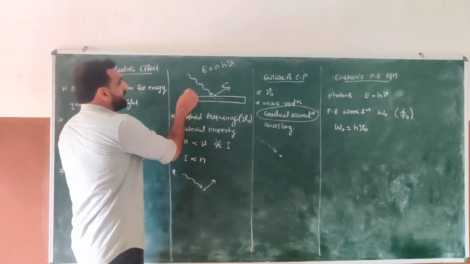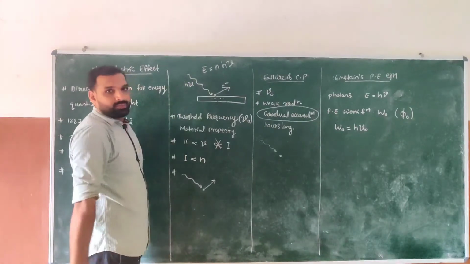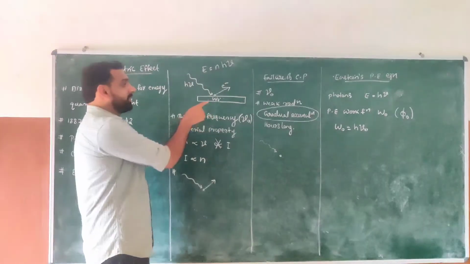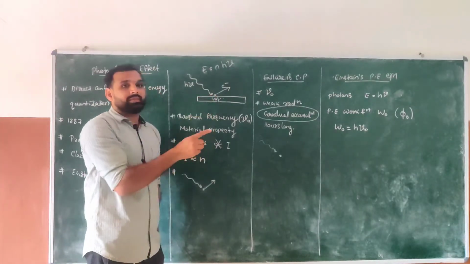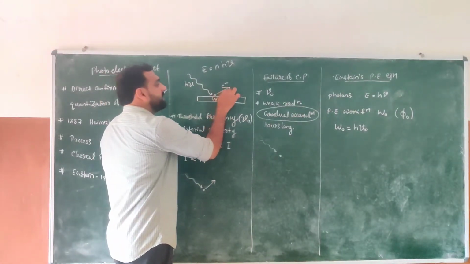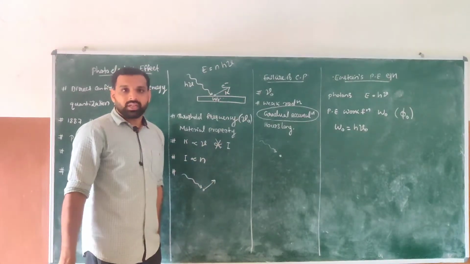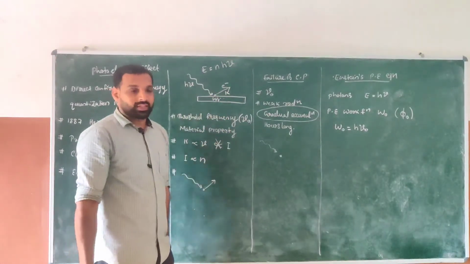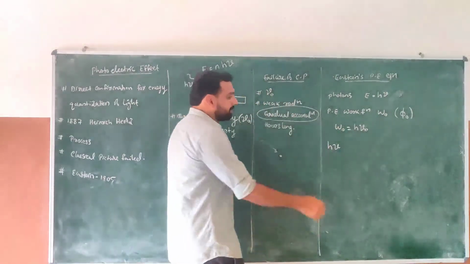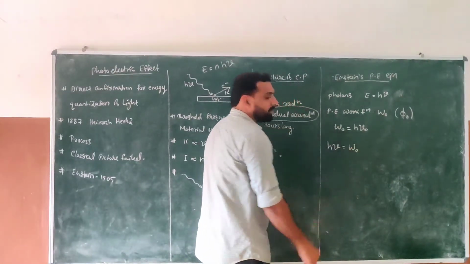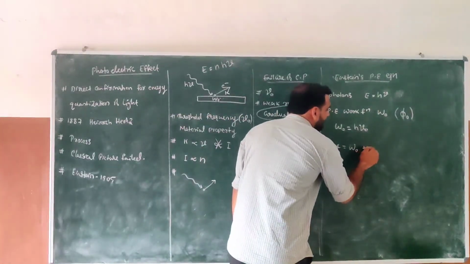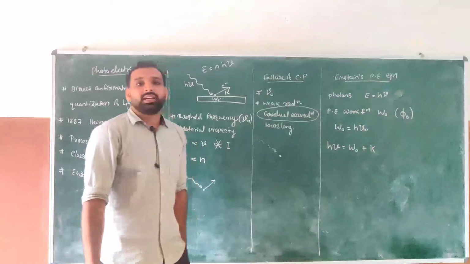So the incident radiation has an energy h nu. Out of this, the energy equivalent to the work function W0 is used to free the electron from the metal surface, and the remaining energy is given as the kinetic energy of the ejected electron.